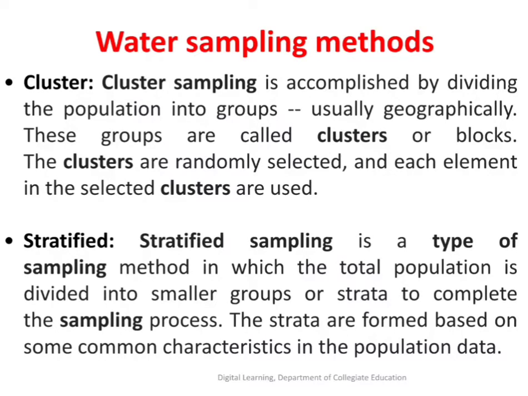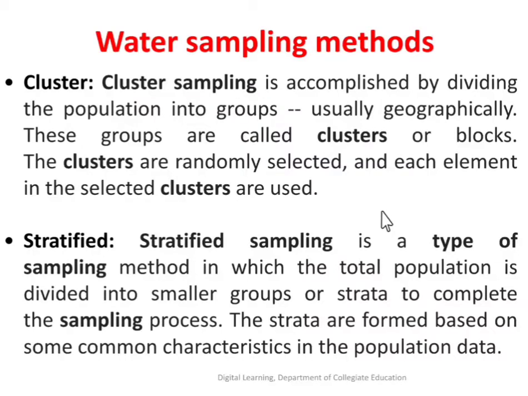First we'll discuss water sampling methods. Different sampling methods are there. One is cluster sampling, which is accomplished by dividing the population into groups, usually geographically. These groups are called clusters or blocks. The clusters are randomly selected and each element in the selected clusters is used.